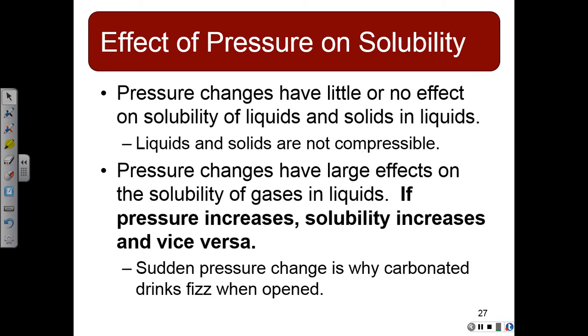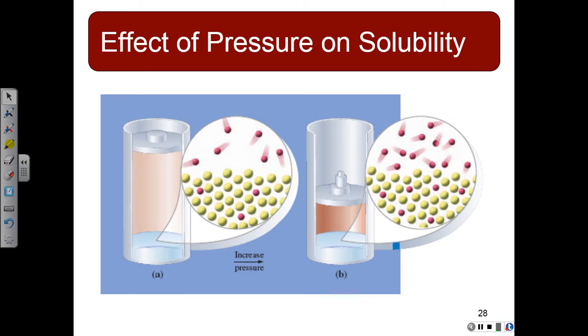Here's an example. If we had a vessel here, the pinkish red molecules are our solute, and we'll say these yellow ones are water. We have about 3 solute gas molecules in solution. But if we increase the pressure, so now we have about half of that volume, what happened to our solution?